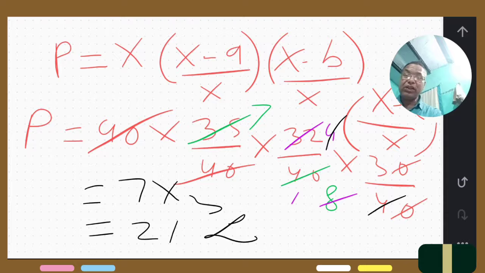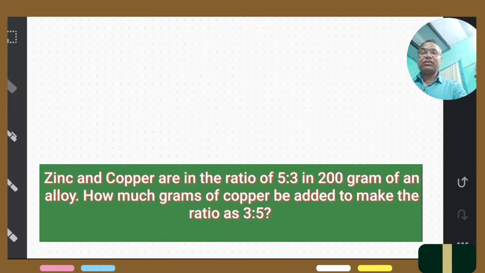And we should remember this formula: purity is equal to total quantity X into (X minus first withdrawal quantity) upon total quantity, into (total quantity minus second withdrawal) divided by total quantity, into (total quantity minus third withdrawal) divided by total quantity. So this formula is very important to remember, and by using this formula we can solve this question very fast. Here is our next question.